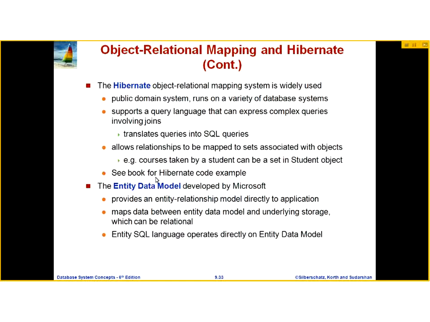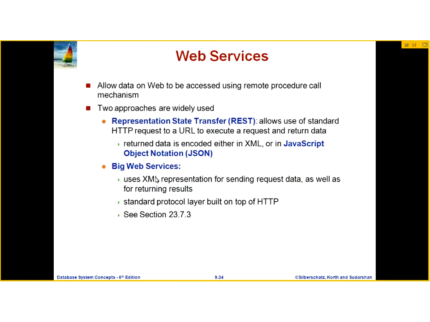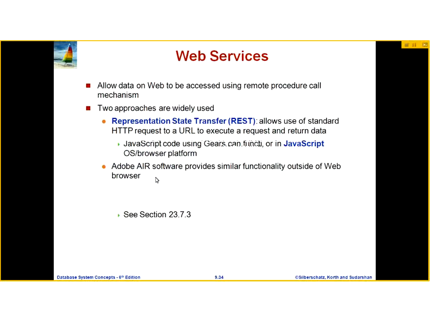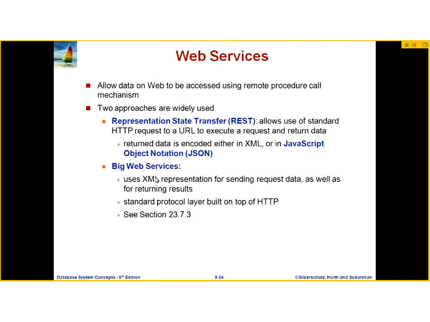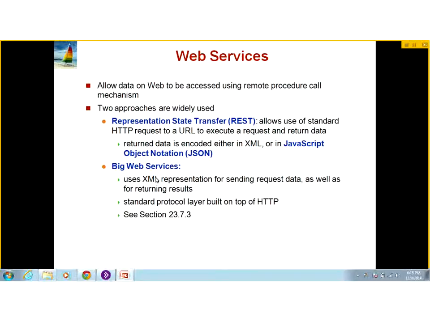Or you can use the entity data model developed by Microsoft. There are certain web services which allow data on the web to be accessed using remote procedure call mechanisms. Two approaches are widely used: representational state transfer, called REST, and big web services like XML.